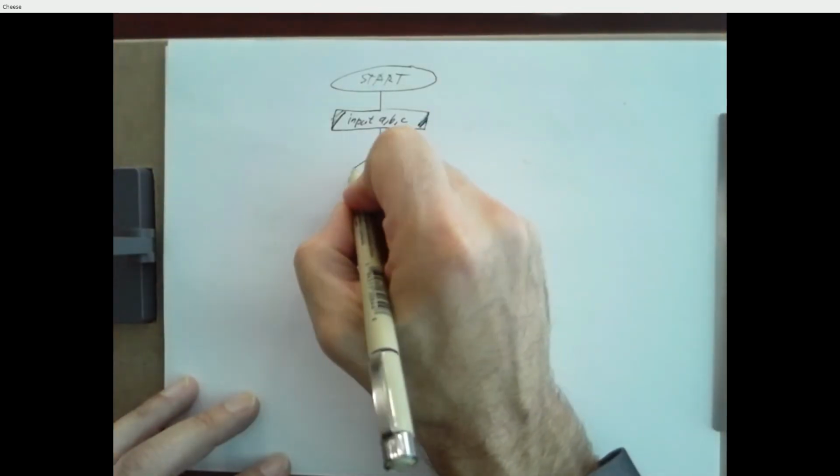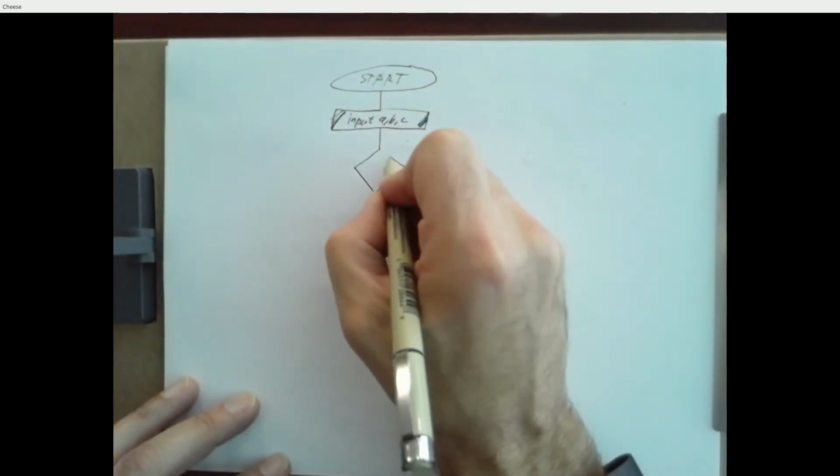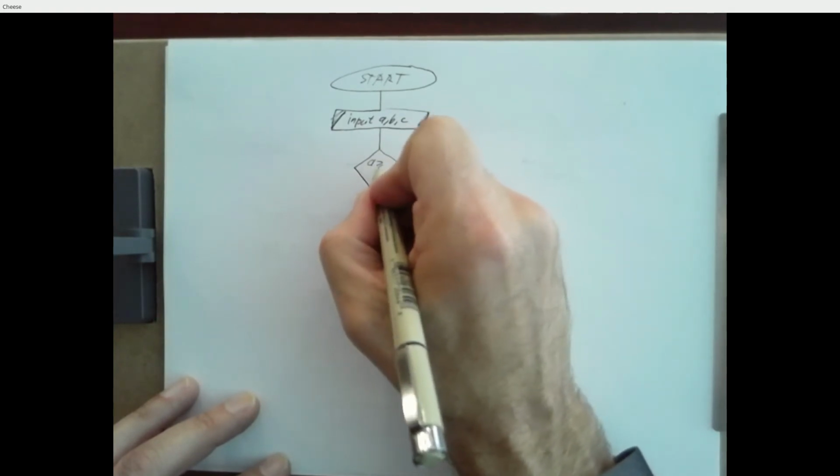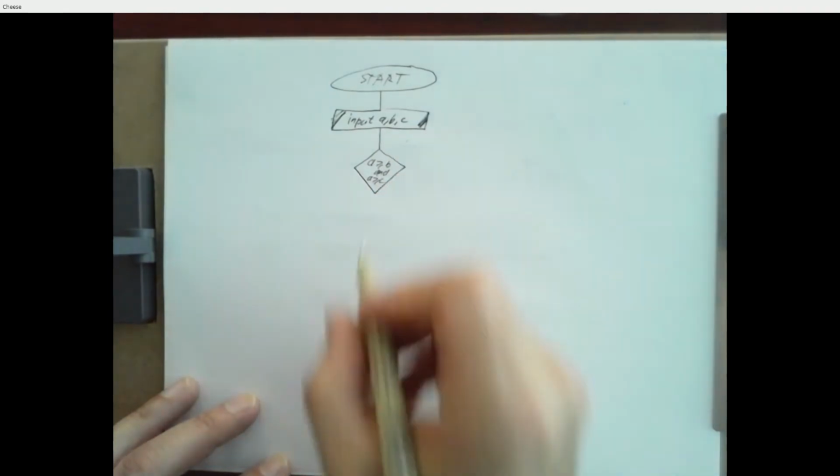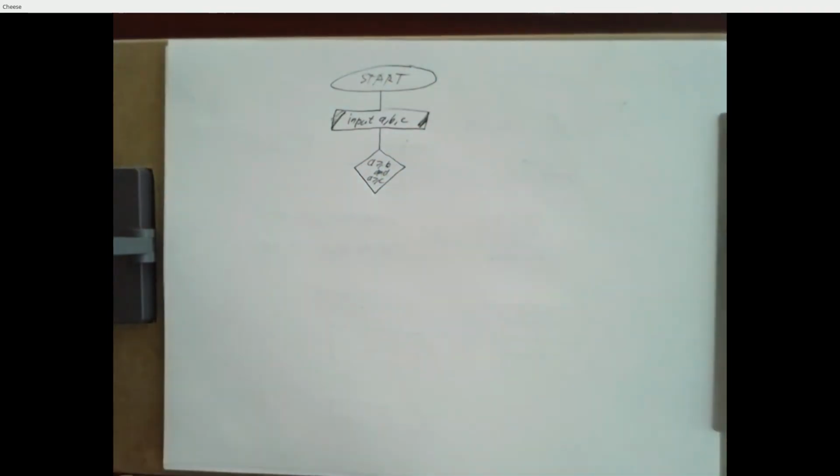So do something to make it clear that you're inputting into those particular variables. So I'm just going to say input A, B, C, and I can just say is A bigger than or equal to B and A bigger than or equal to C, because we can do AND statements.